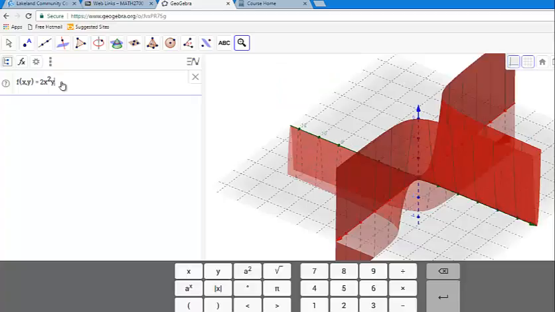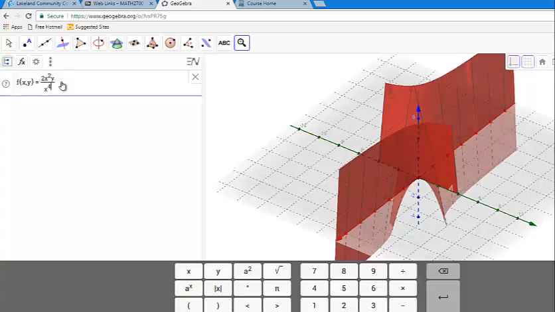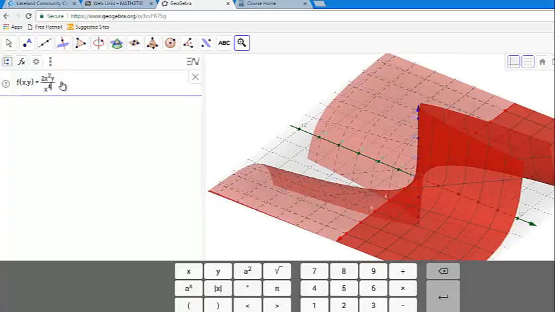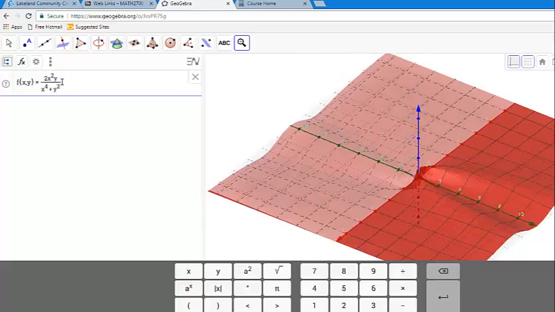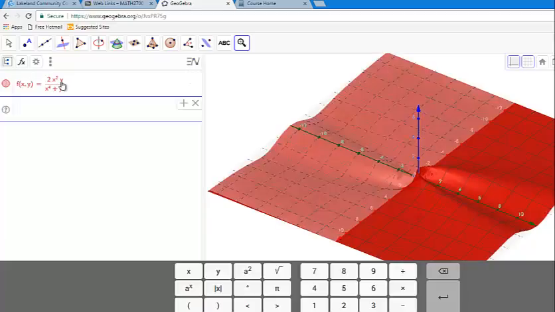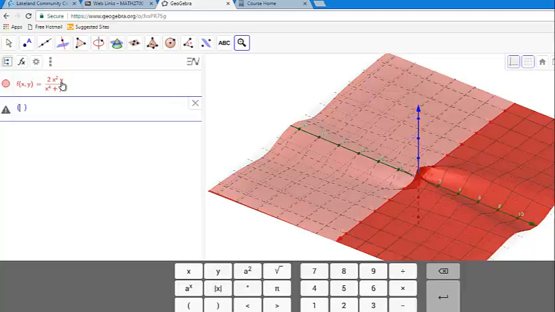Ooh, wow, that's cool. Divided by x to the 4th plus y squared. Look at that cool picture, right? So this is some kind of a warped surface. I wonder if I can just plot the point f of, what is it, 2 comma negative 3?